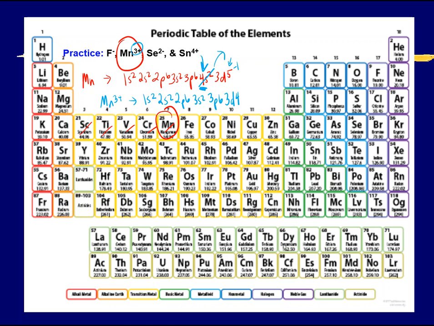But because that principal energy level is 4, that's the one that gets removed first. Take those 2 out, then take 1 out of the 3d5, so we end up with 3d4. That's how you would do it if you have a d block element.